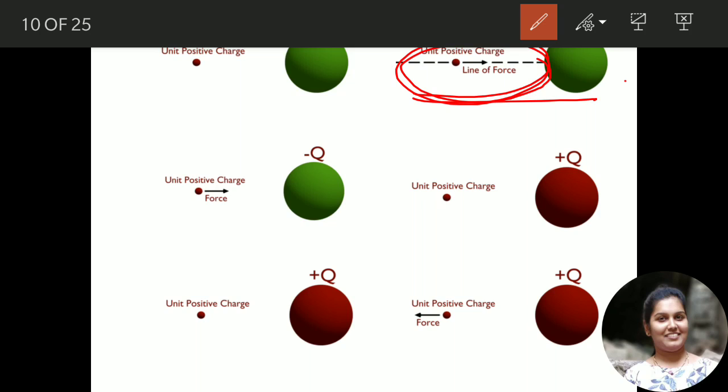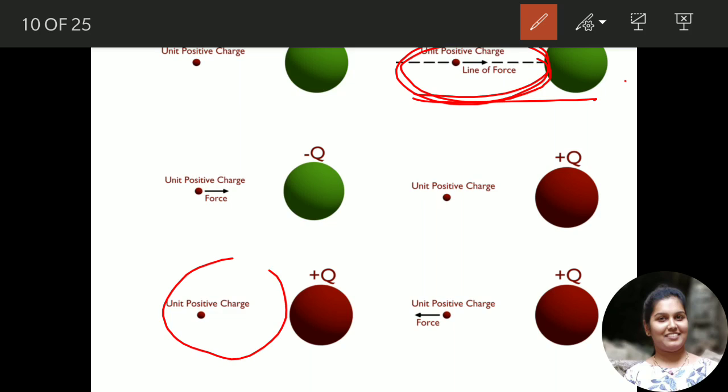If we place this unit positive charge anywhere else in the field, a line of force will be created along that new point. Okay, so now let us take a charge of plus q coulombs. We place a unit charge at a point in the field.